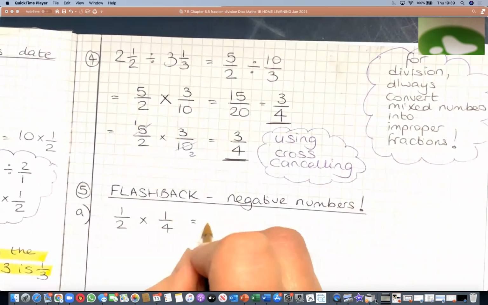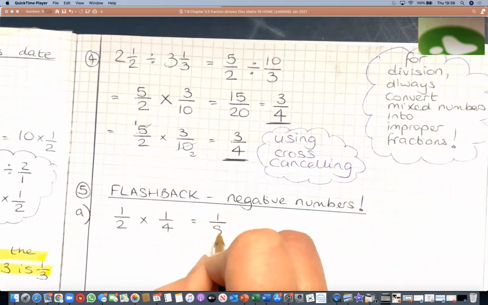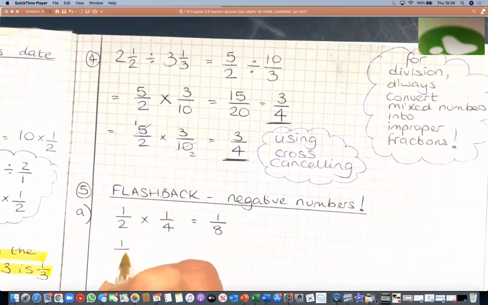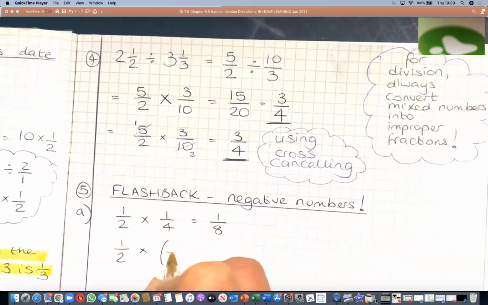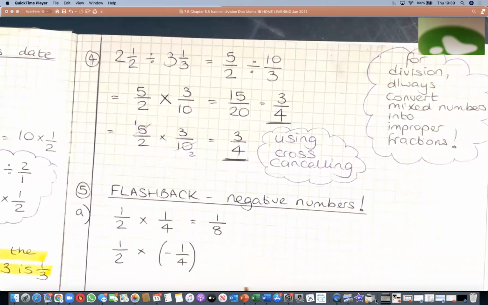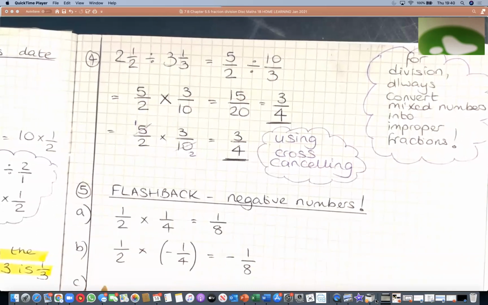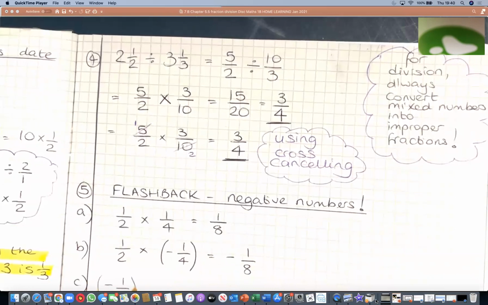That gives me 1/8. Okay, let's have a look at 1/2 multiplied by a negative quarter. I've got a positive multiplied by a negative. That's going to give me a negative 1/8. That's B. For C, I've got a negative 1/2 multiplied by a positive quarter.